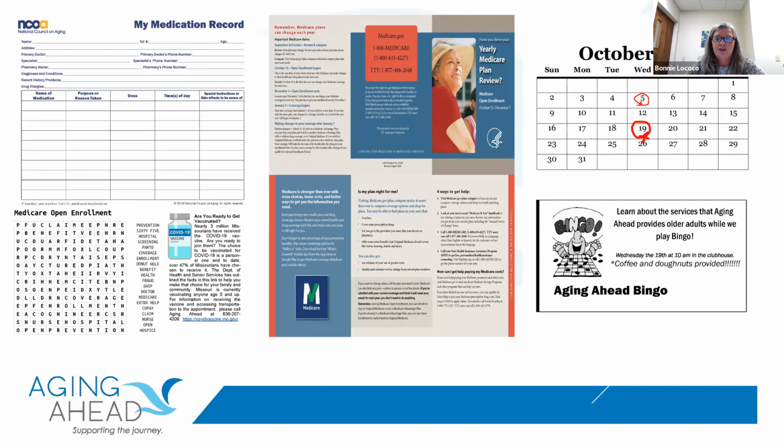And then she had an event that month about Aging Ahead bingo, so that the residents could come and learn more about what we do at Aging Ahead, what services we offer and programs, while playing bingo and having a good time. Next slide, please.